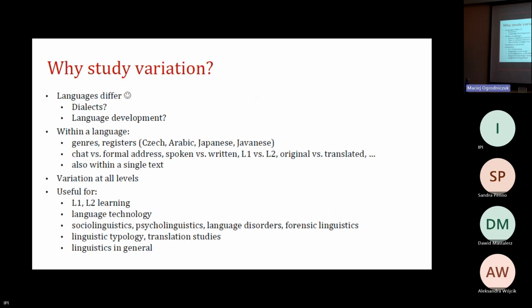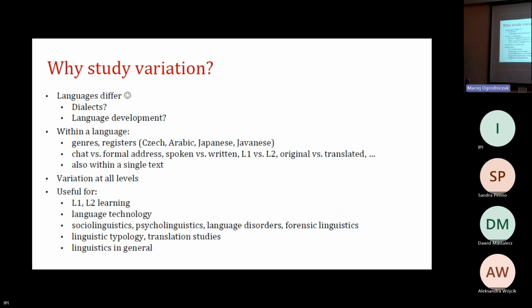So you have chats, formal address, spoken, written, first language, second language, original, translated. So various forms of one language, which differ according to the situation. Also within a single text, if you take a novel such as The Stranger by Albert Camus, you have two parts of the novel, and they are very different in the language.